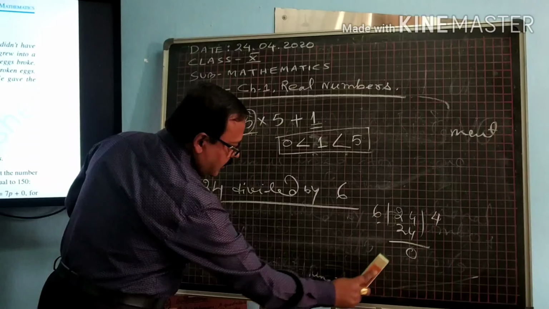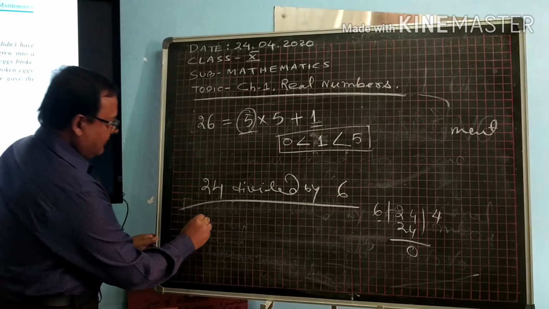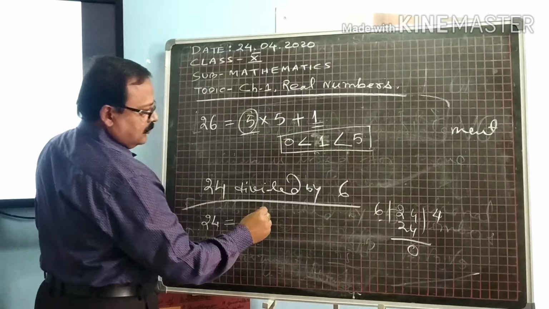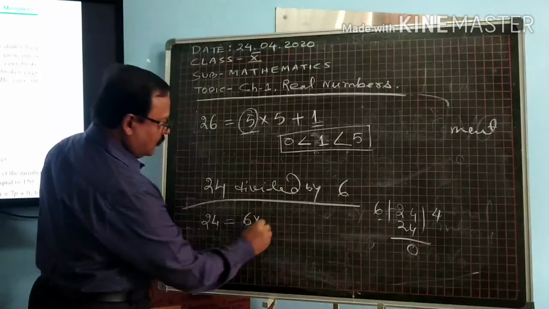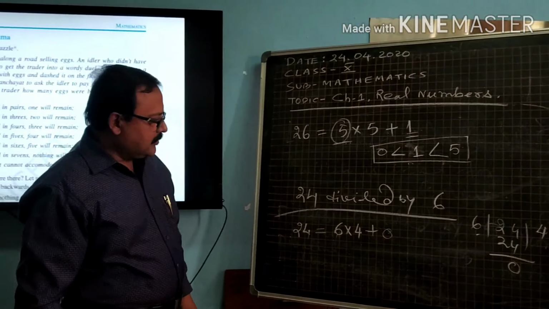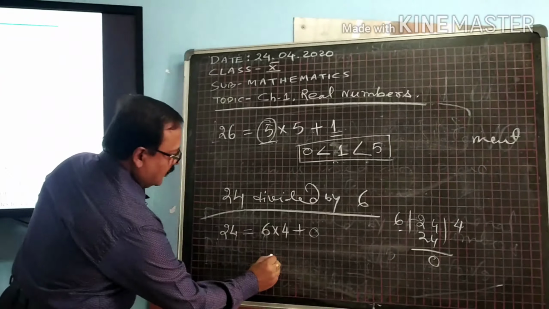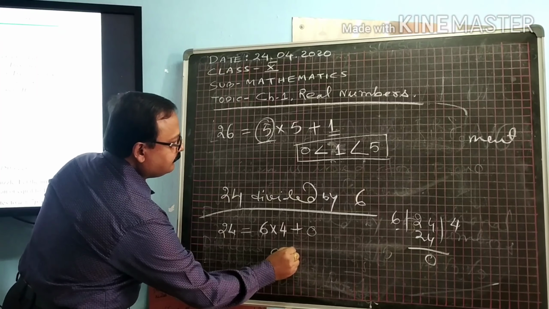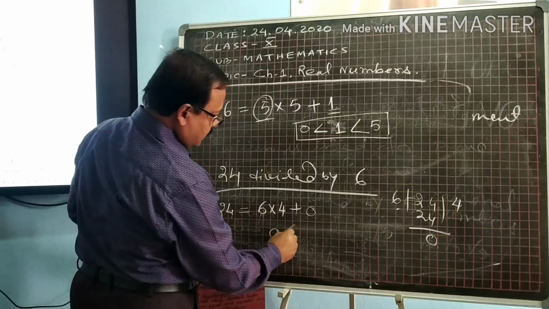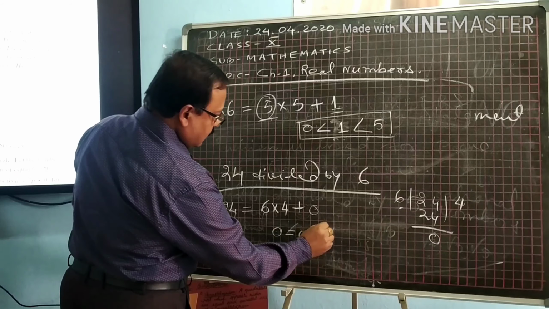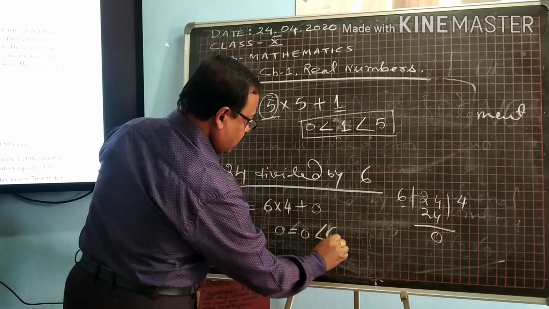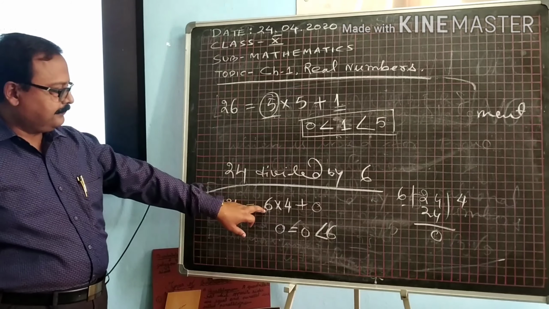Then in that particular case, 24, the dividend, equals 6 divisor into quotient 4 plus remainder 0. Here remainder is equal to 0, which is less than 6, that is the divisor.